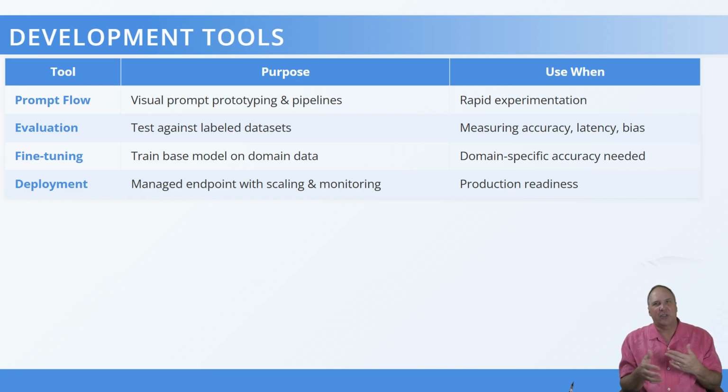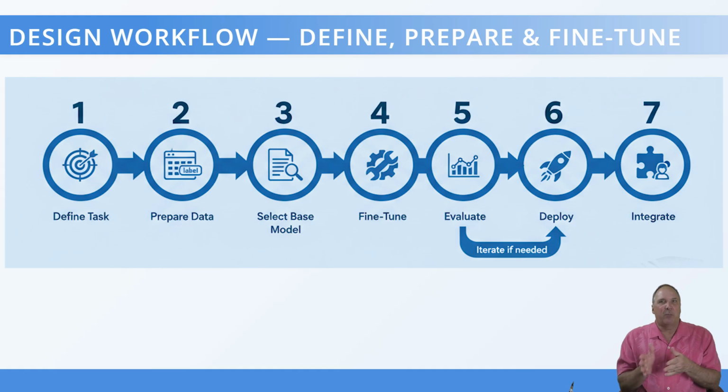The exam tests whether you can propose the right Foundry tool for each stage of project prototyping. So, are we in prompt flow for testing, evaluation tools, or production deployment and monitoring? Where are we?